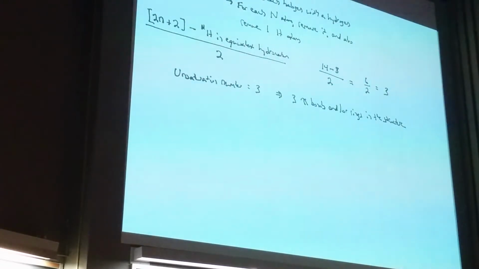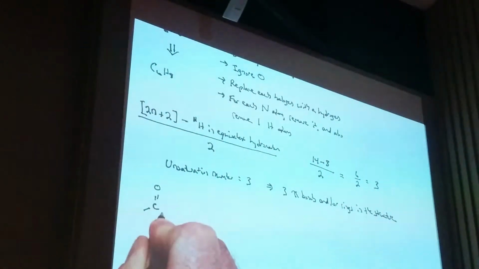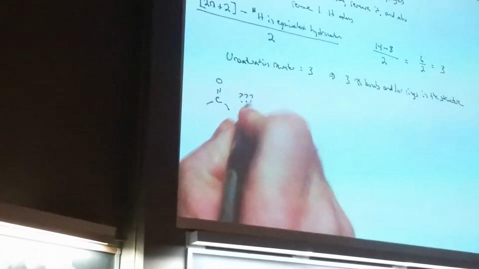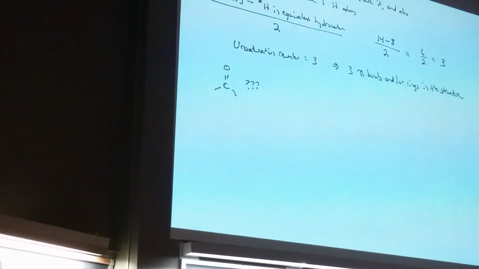There's oxygen. Okay. Well, when you see oxygen and you have at least one unsaturation unit, sometimes that's because you might have a carbonyl group. So let's think about whether this data is consistent with the presence of a carbonyl group.